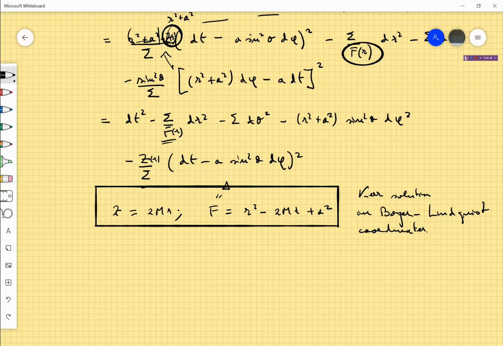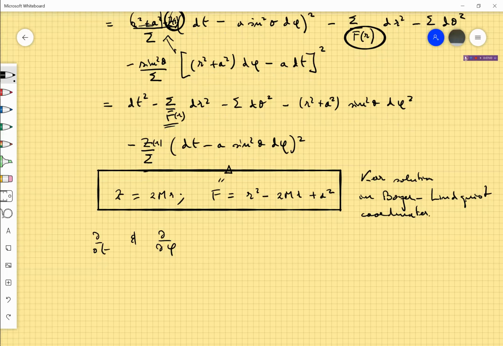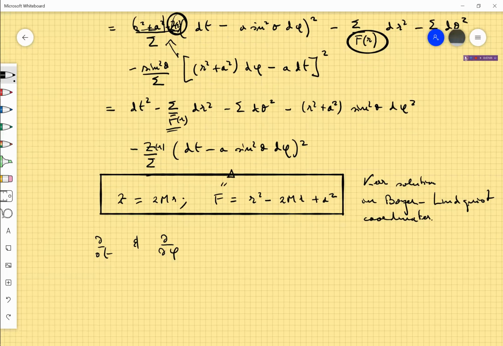Well, since the metric does not depend on time and does not depend on the angle phi, there are two Killing vectors, which are ∂_t and ∂_phi, the time-like and the axial Killing vector. Remember that there was a theorem by Hawking that was saying that stationary black holes would be either static or axially symmetric.